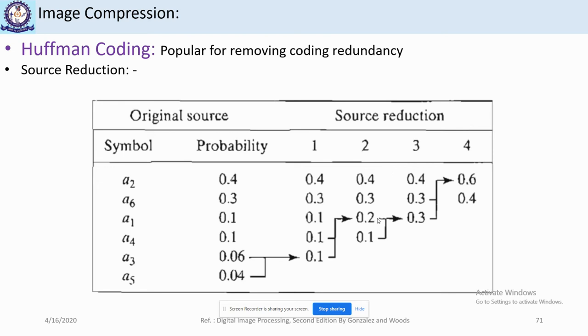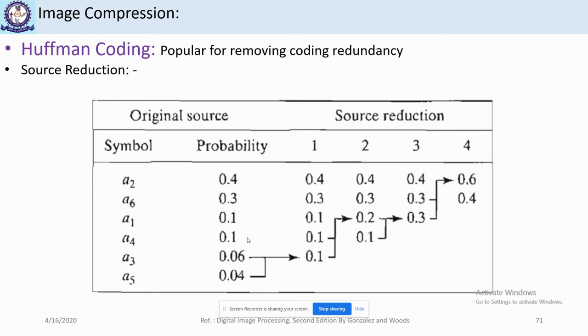Then we add the least two, 0.2 and 0.1. 0.4 goes as it is, 0.3 goes as it is, and the sum, 0.3, goes at the last position. Then again we add the two least probabilities. Their sum is 0.6, which is more than 0.4, so that goes to the first position, and 0.4 goes to the second position.